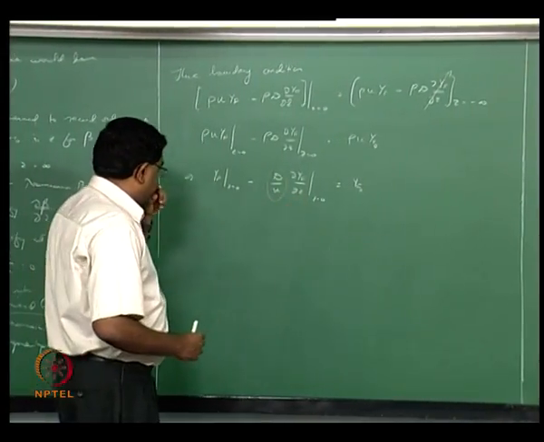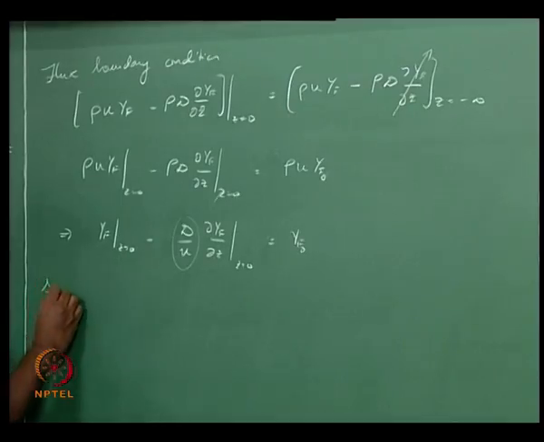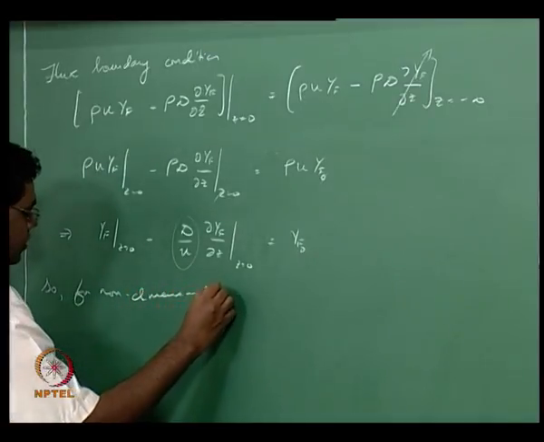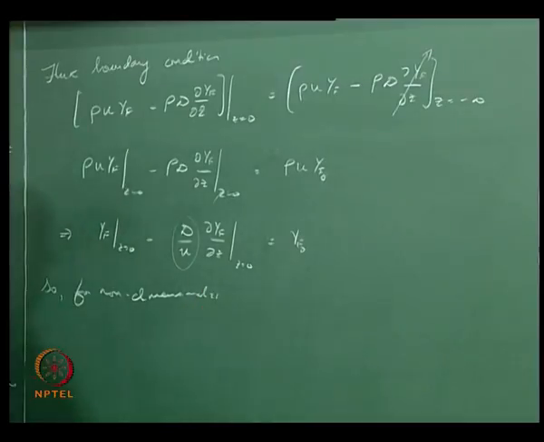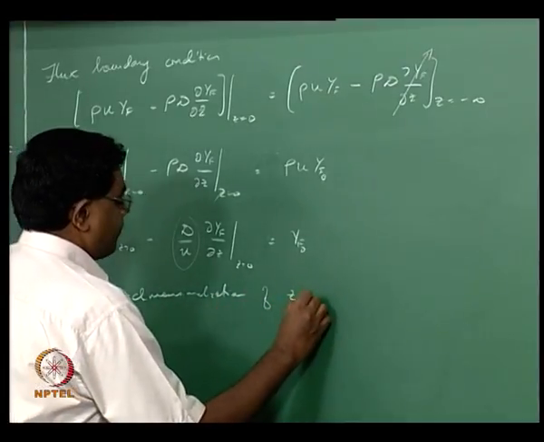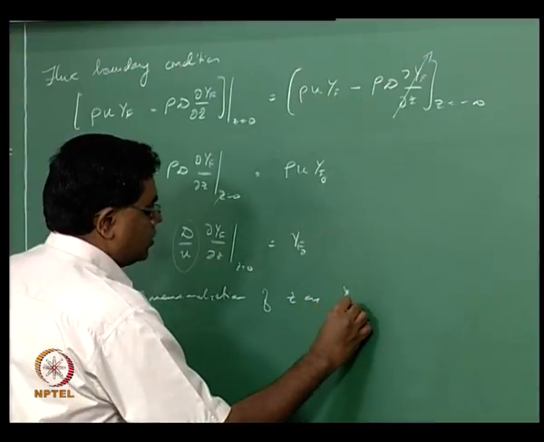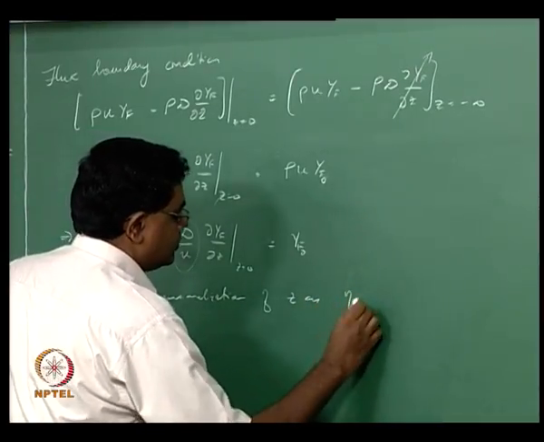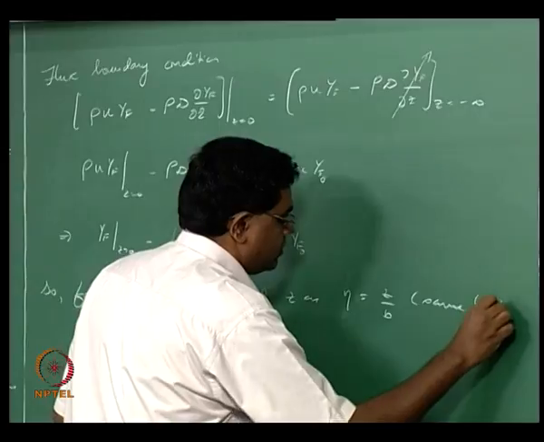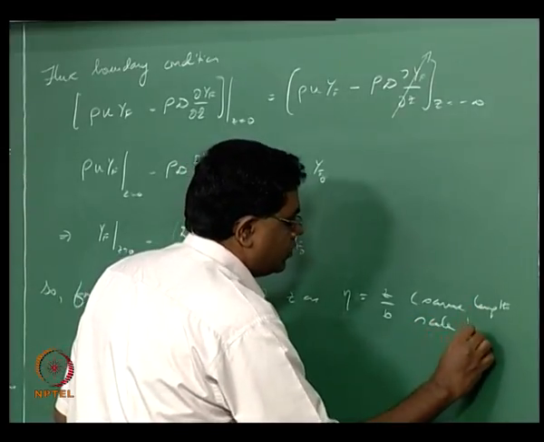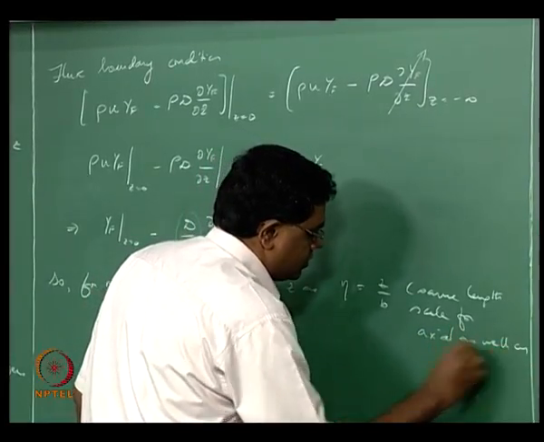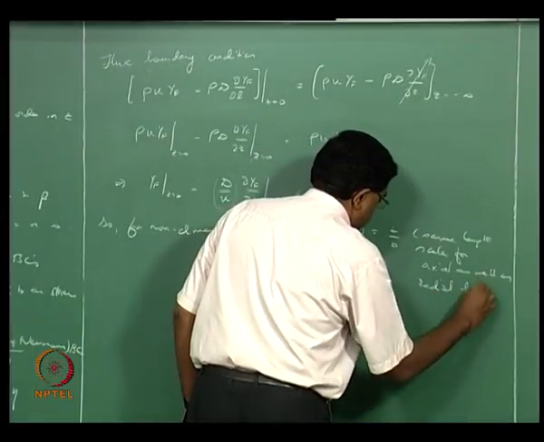and then say, for non-dimensionalization of z, eta equals z by b, okay, same length scale for axial as well as radial diffusion.